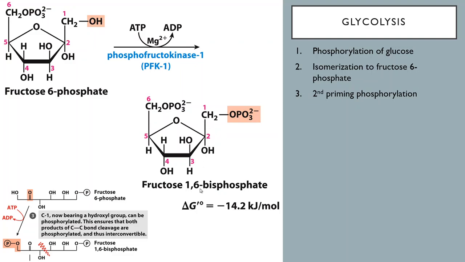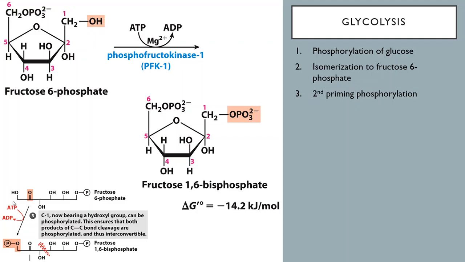Now we have fructose 1,6-bisphosphate. This is why isomerizing to fructose was necessary, because now we've got 2 phosphates, whereas these internal carbons are harder to phosphorylate than the ones on the end. By converting the number 1 carbon to have a hydroxyl group instead of a carbonyl, there's another spot that can be phosphorylated.